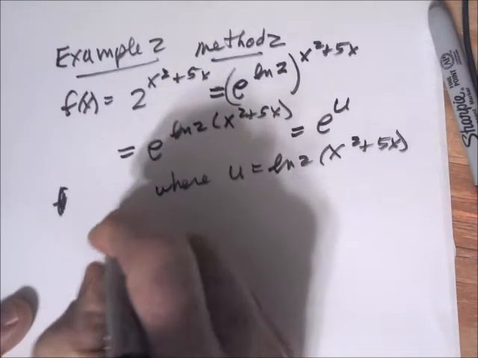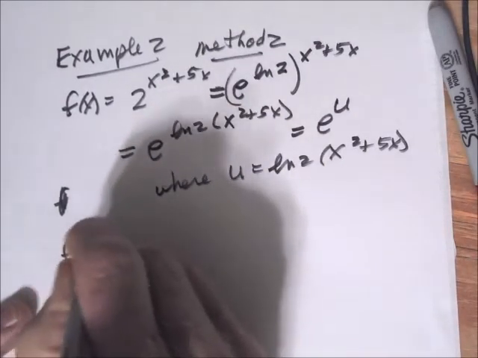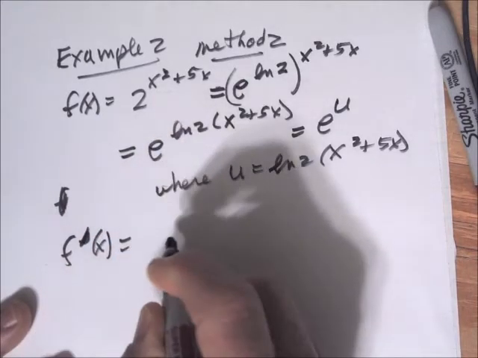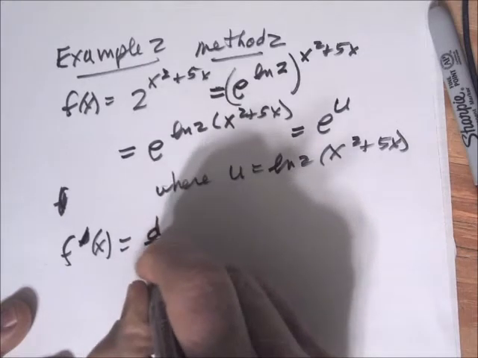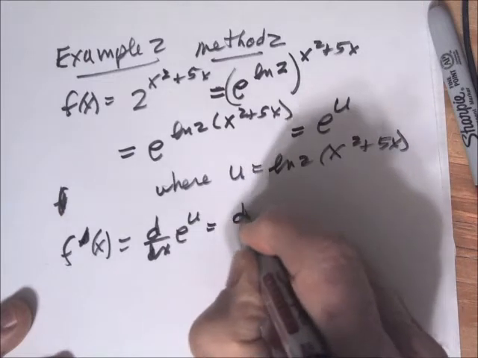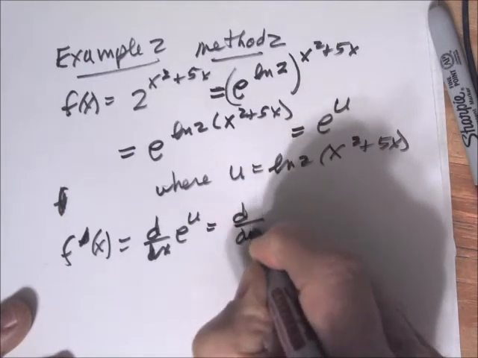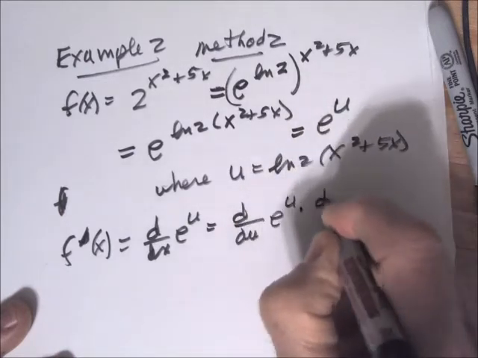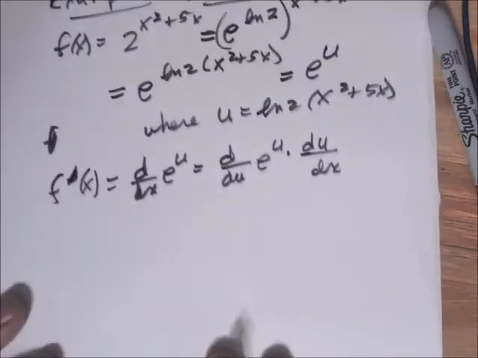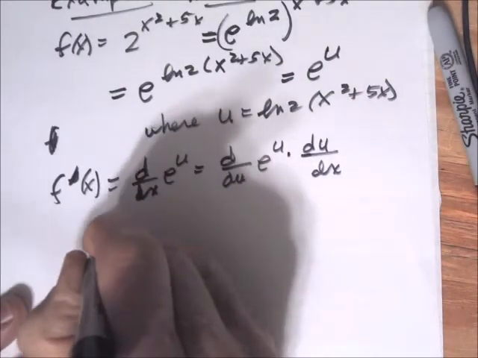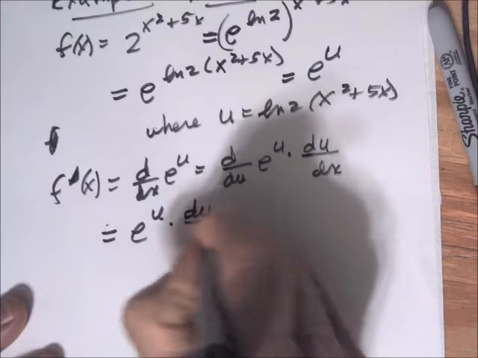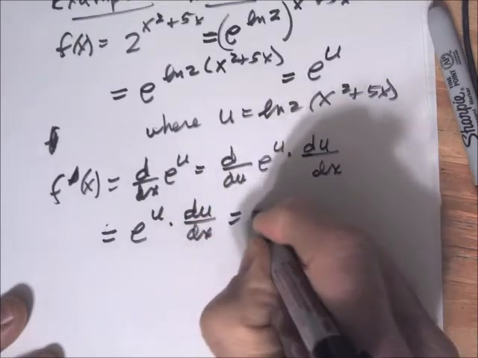Okay, so then f prime of x is the derivative with respect to x of e to the u, and that's the derivative with respect to u, e to the u, times du dx. So that's the chain rule. And e to the u is its own derivative, so this is going to be e to the u times du dx. And then we'll put the x's back in.